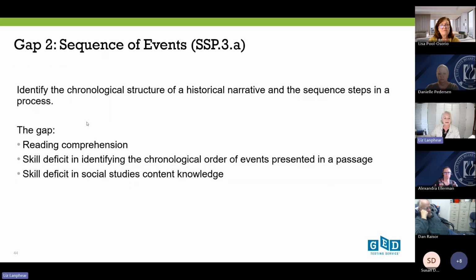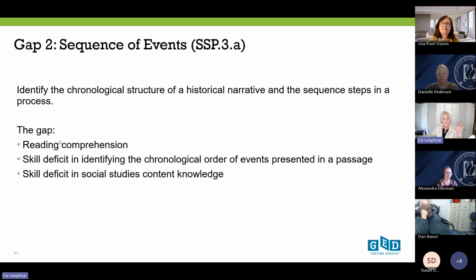So gap 2 is sequence of events: identifying the chronological structure of a historical narrative and the sequence of steps in a process. So the gap, guess what? Reading comprehension.